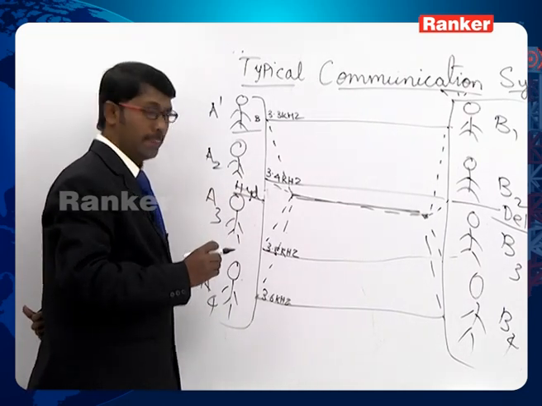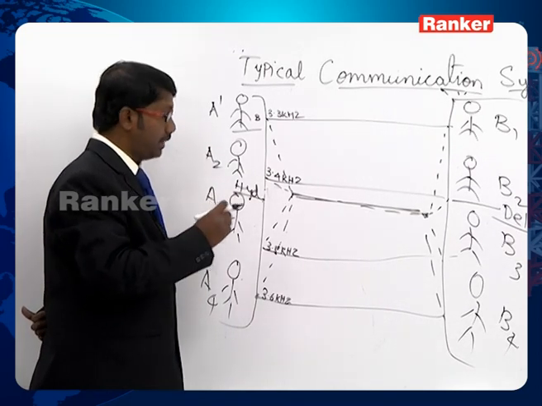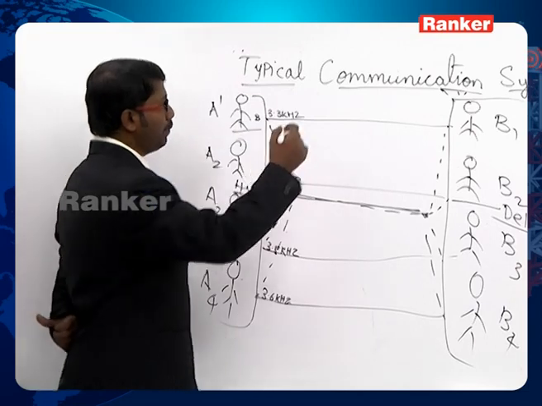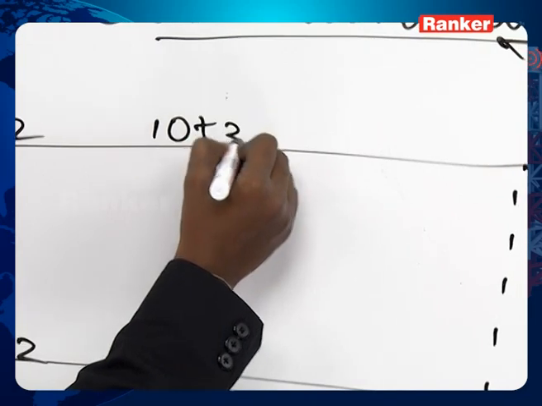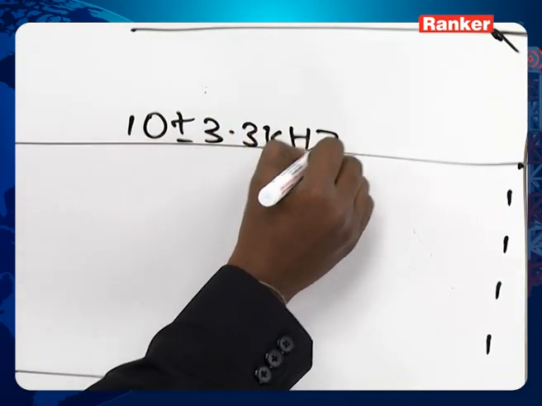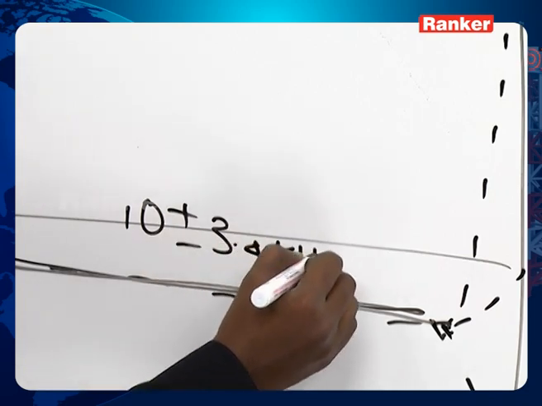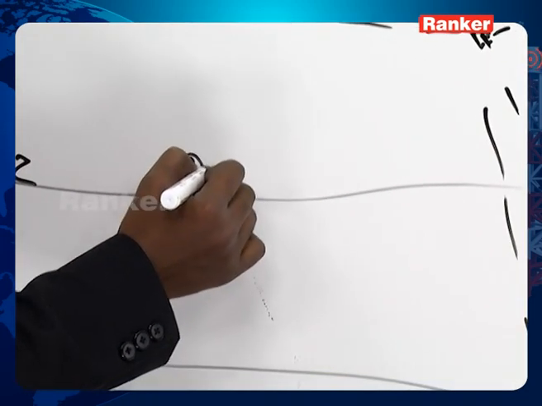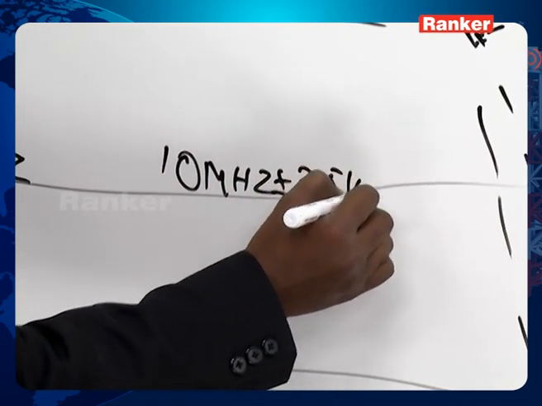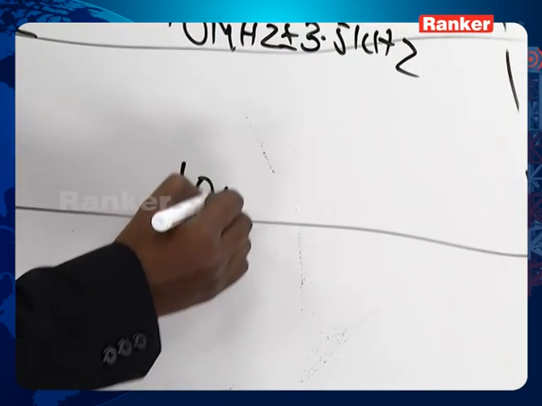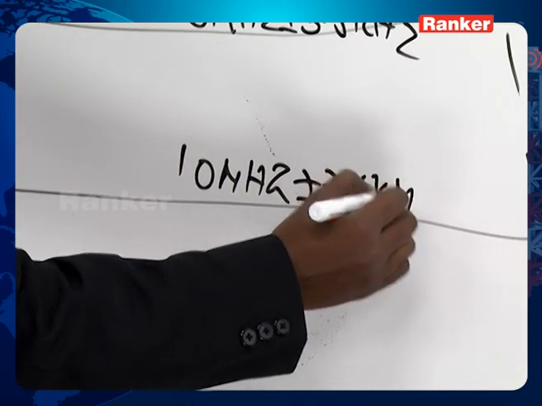They are very close. Now if I am using a carrier frequency of say 10 megahertz, now this would be 10 megahertz plus or minus 3.3 kilohertz, 10 plus or minus 3.4 kilohertz, 10 megahertz plus or minus 3.5 kilohertz, and 10 megahertz plus or minus 3.6 kilohertz.